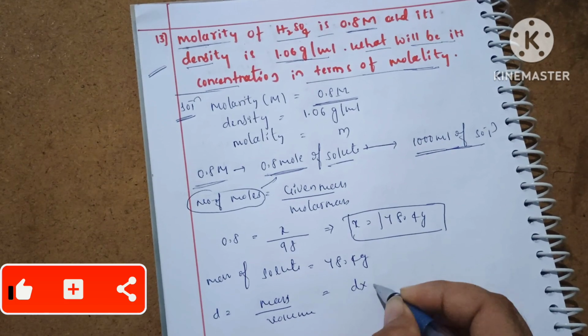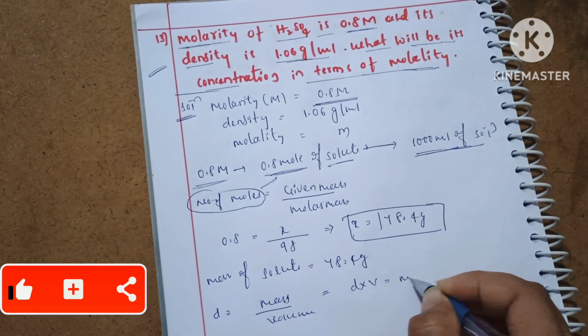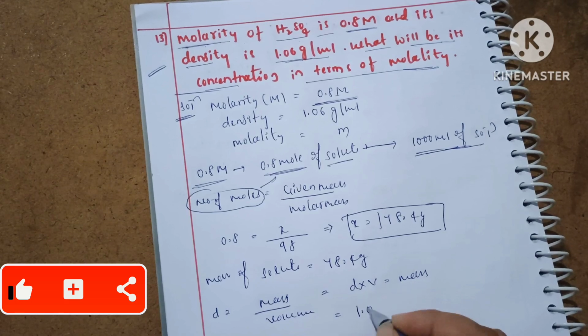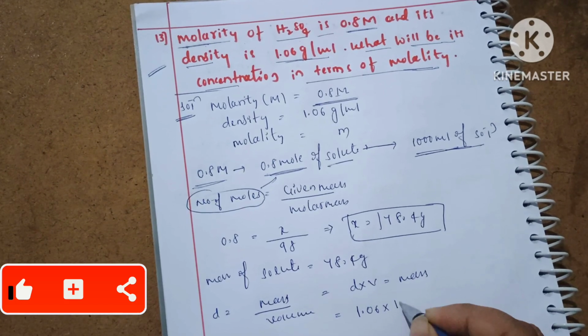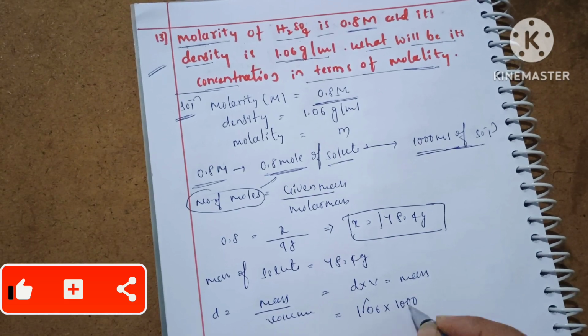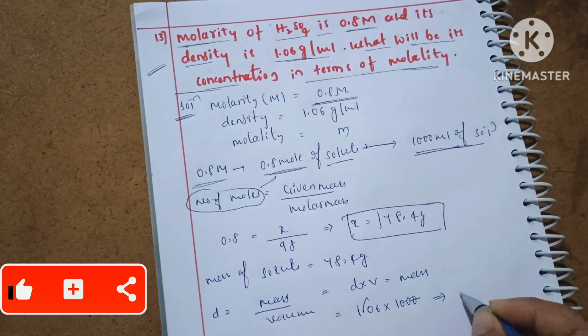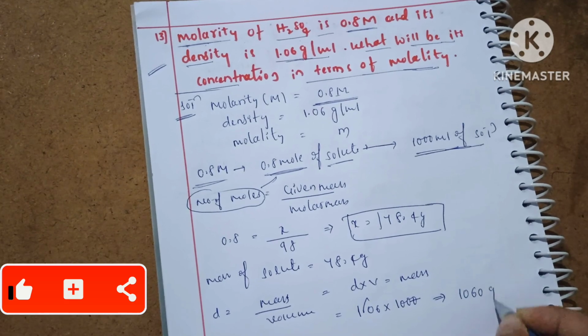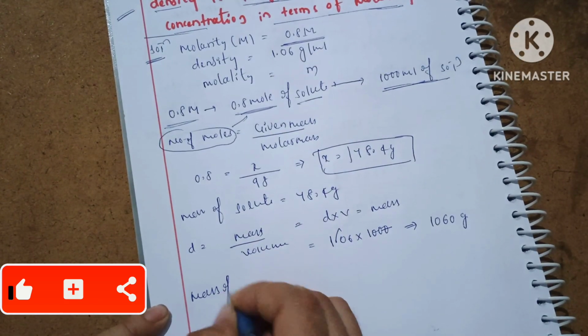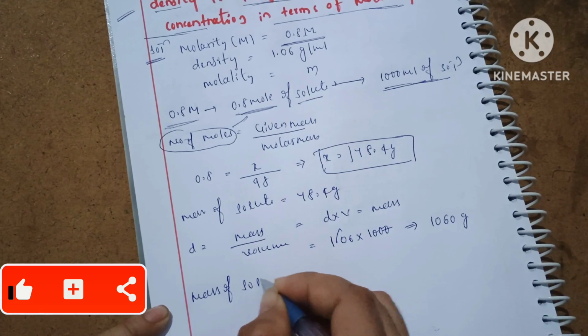So just do the multiplication: density into volume is equal to mass. Density is 1.06 and volume is 1000, so it becomes 1060 gram. Now we have got the mass of solution.